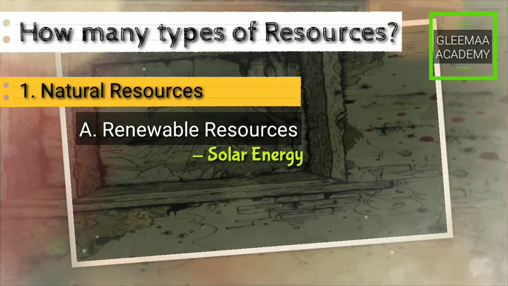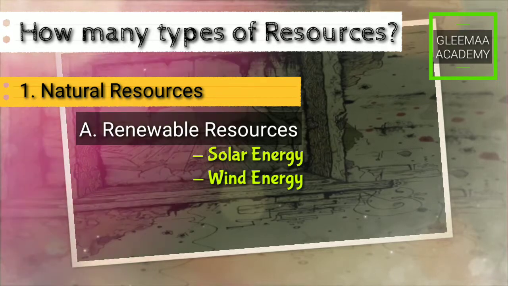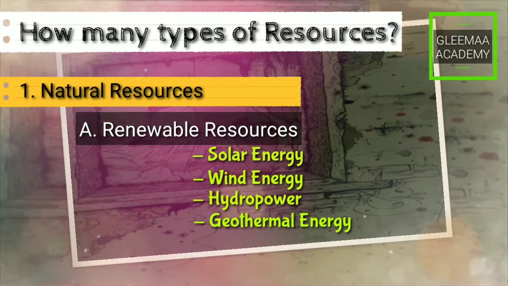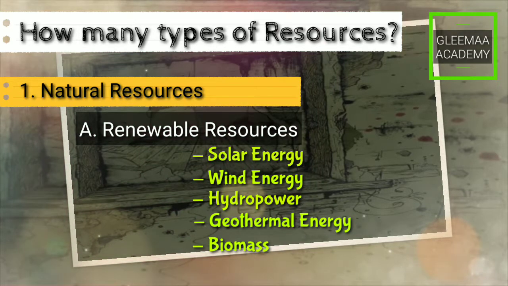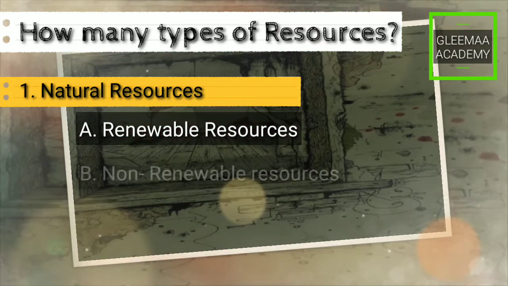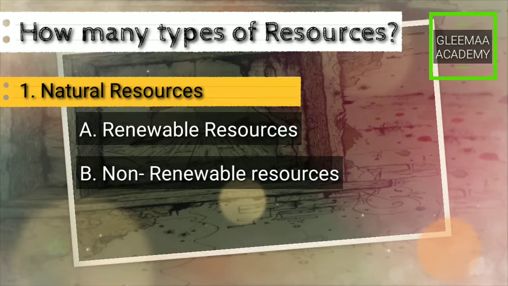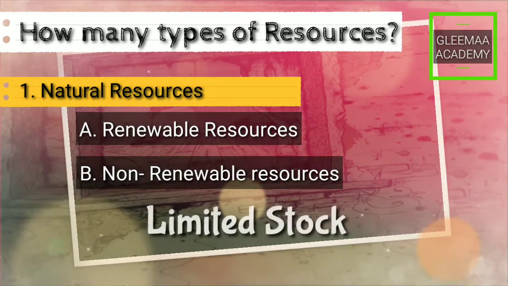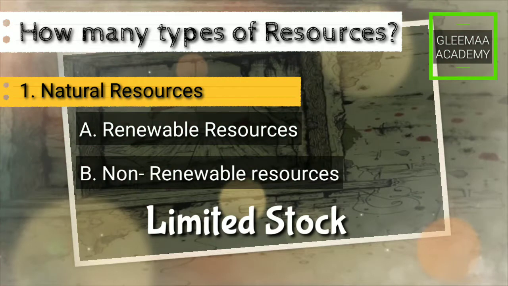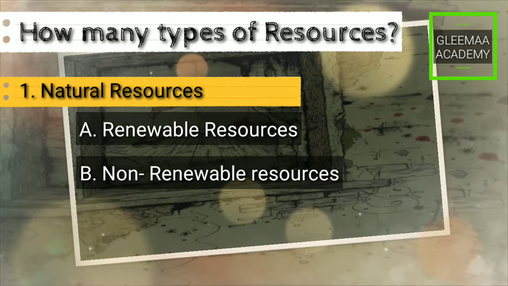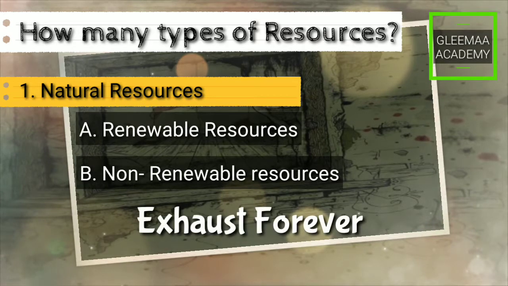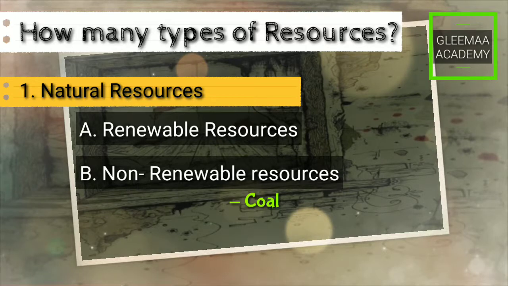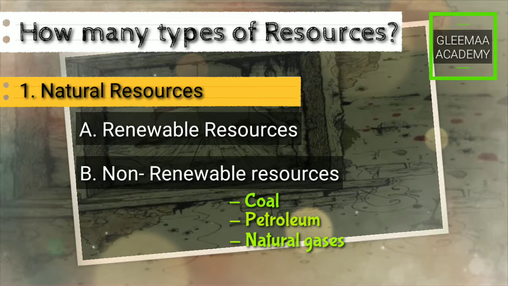For example, solar energy, wind energy, hydropower, geothermal energy, biomass, etc. And the second one is non-renewable resources, which have a limited stock, and once their stocks are exhausted, it may take thousands of years to renew or replenish, and sometimes they are exhausted forever. For example, coal, petroleum, natural gas, etc.